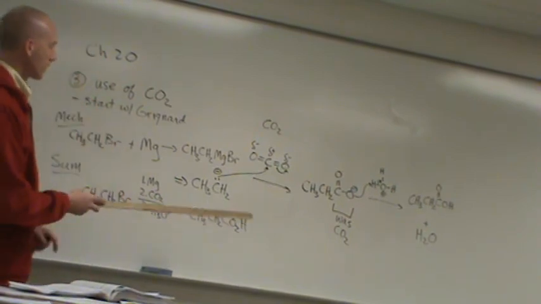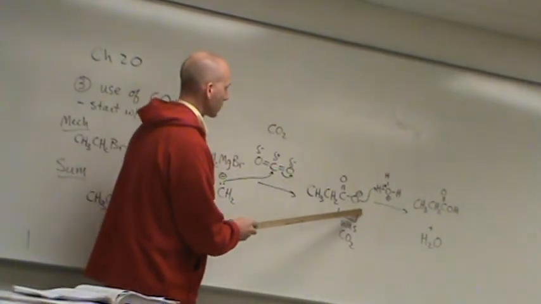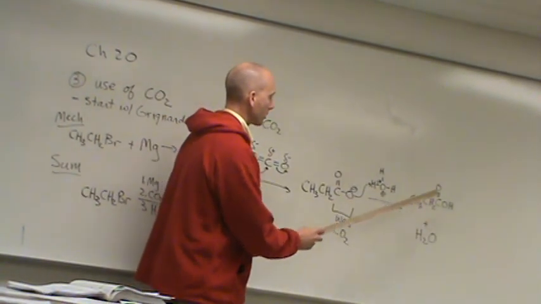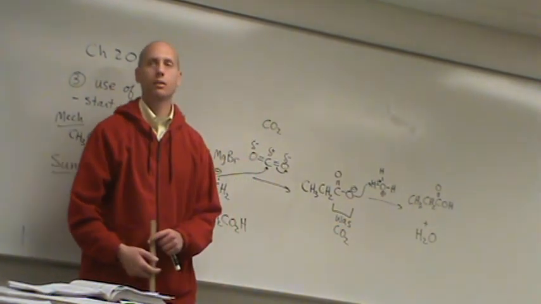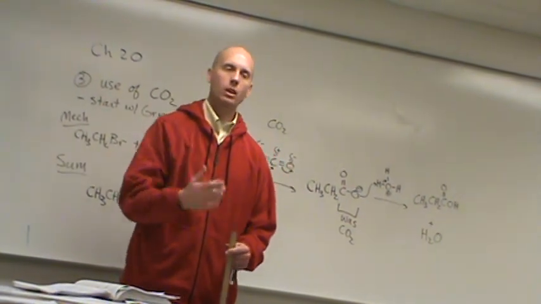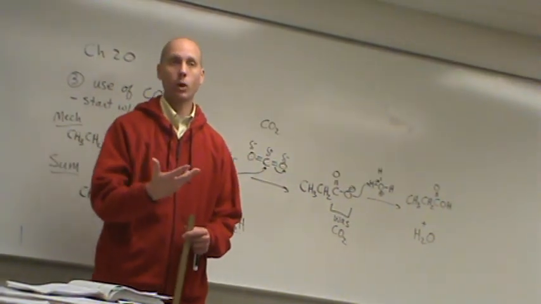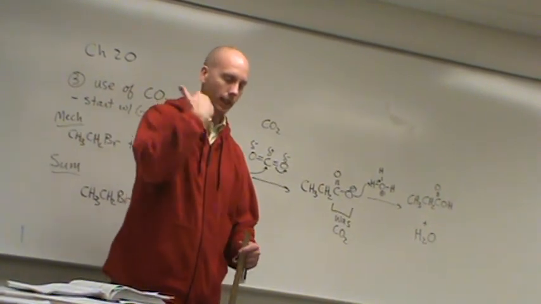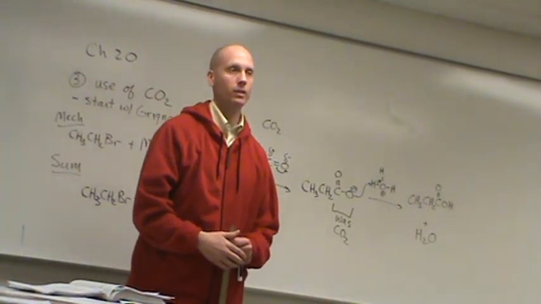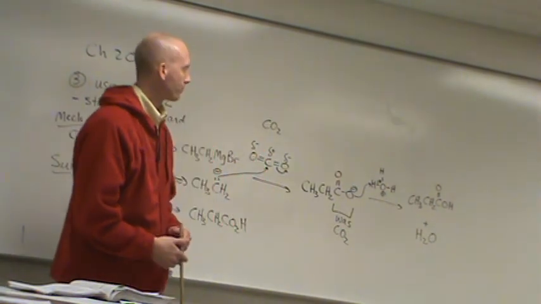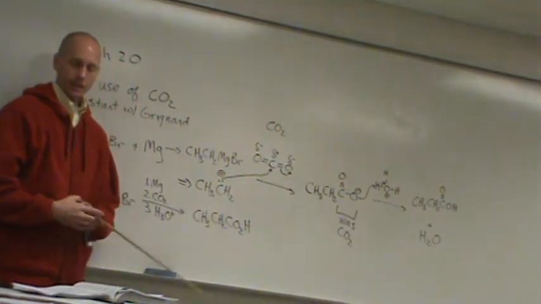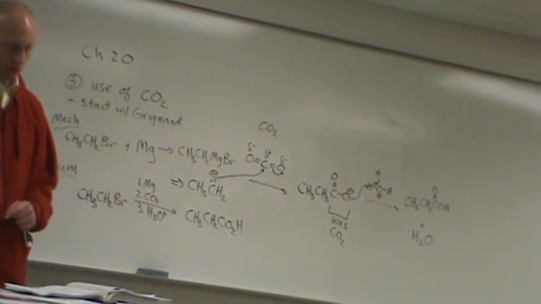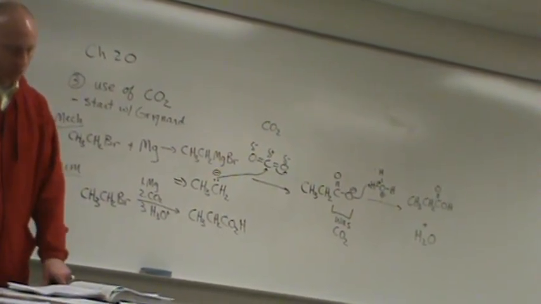Then you get your carboxylate ion, and then you add acid, and then you're done. So it's a nice little reaction to do. That's what they do with water to make your soda pop, is bubble the heck out of it with carbon dioxide. Okay. All right, so that's the reaction with CO2.